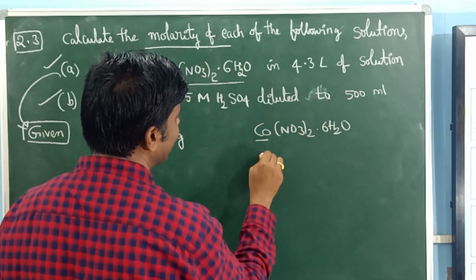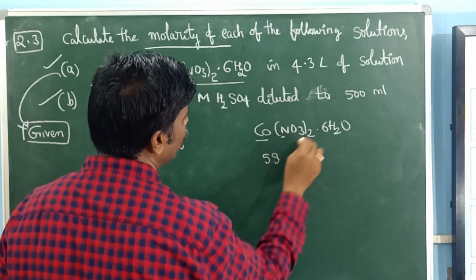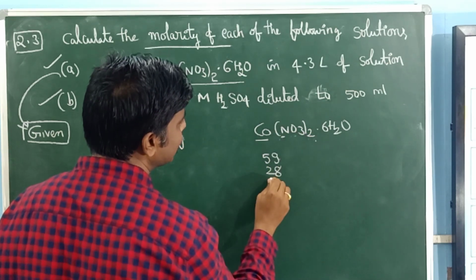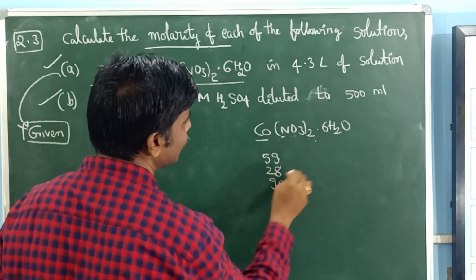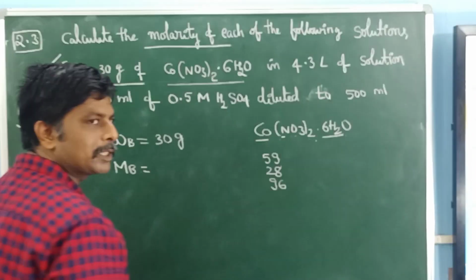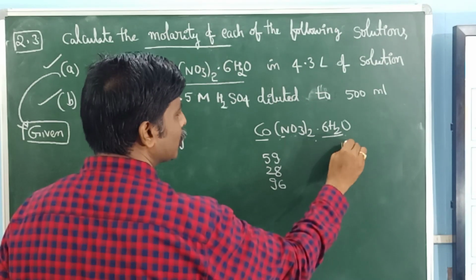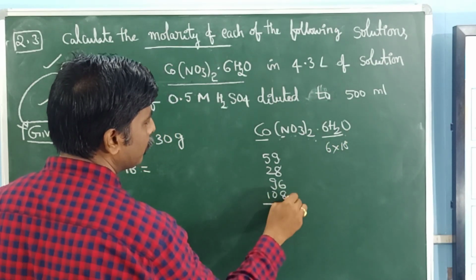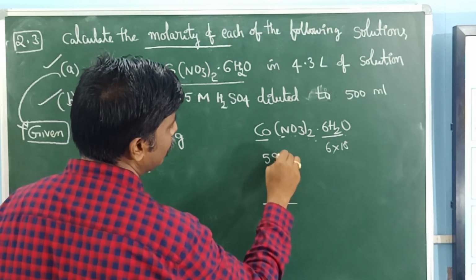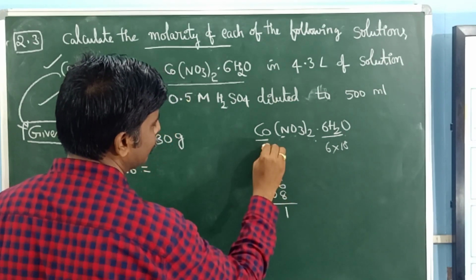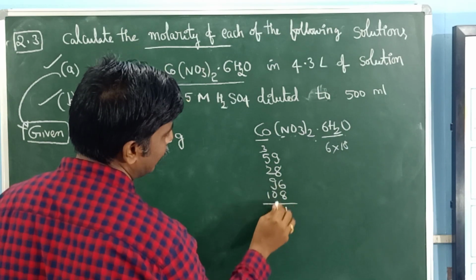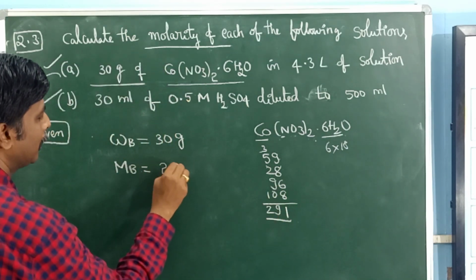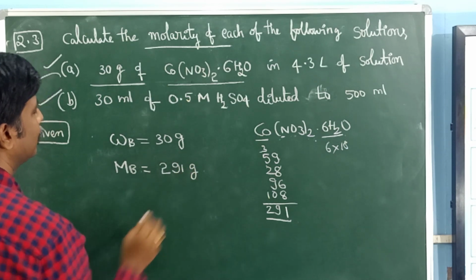Cobalt 59, N2 28, O6, 3 into 2, 6, 6 into 6, 96. 6 H2O, H2O is 18, so 6 into 18, 108. 14, 22, 9, 31, 8, 10, 9, so 291. So MB is 291 grams.